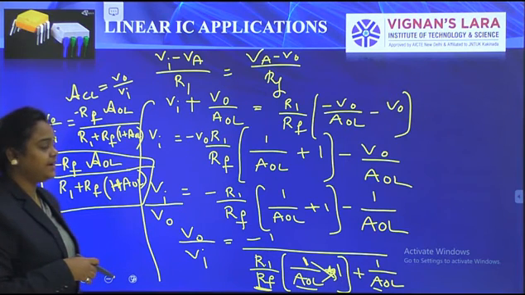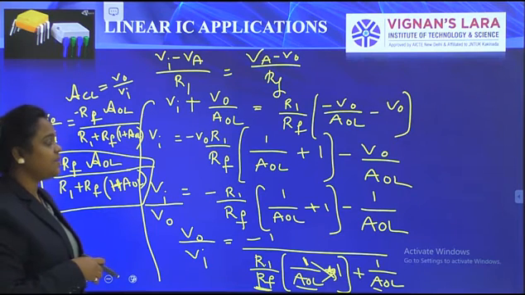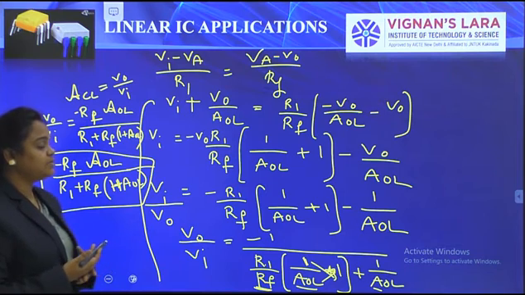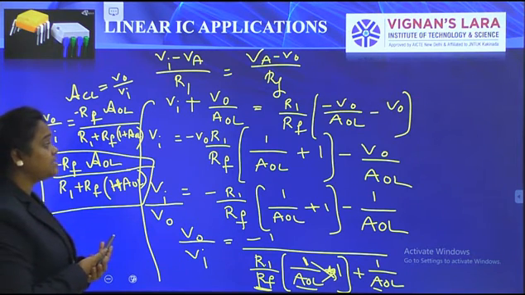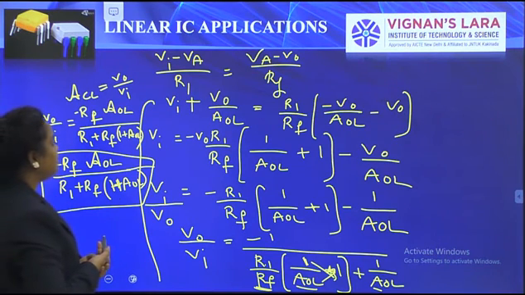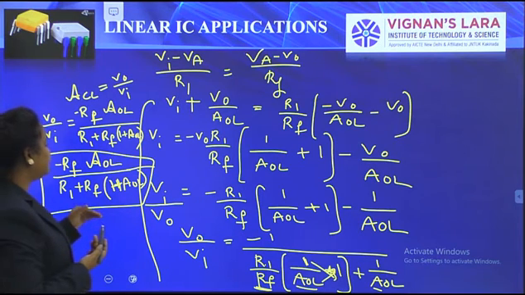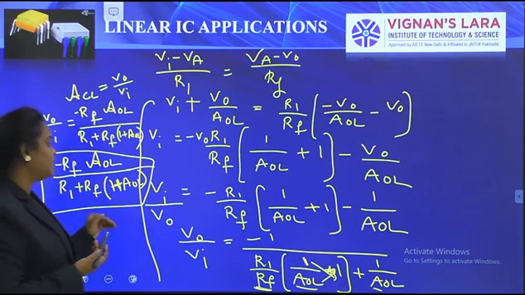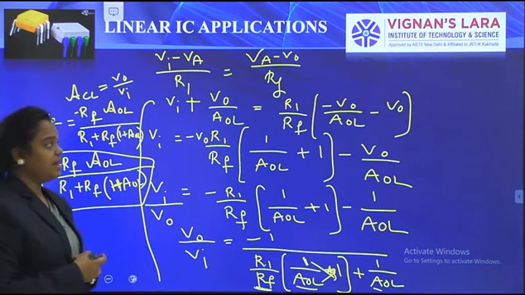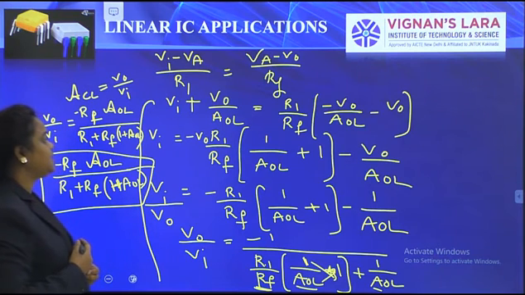In yesterday's class we already saw the outputs for the ideal inverting and non-inverting operational amplifiers. So the gain for the practical inverting amplifier is minus RF AOL by R1 plus RF of 1 plus AOL.